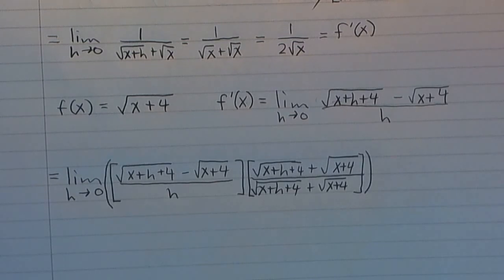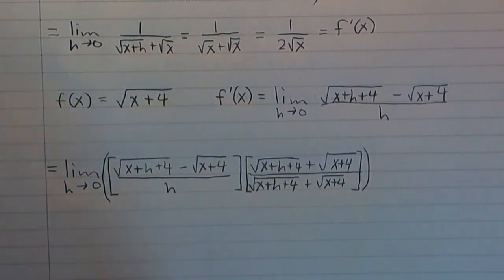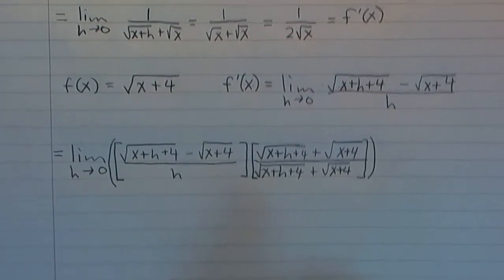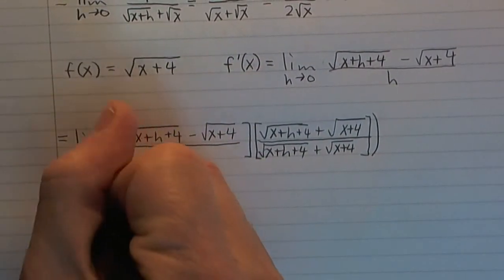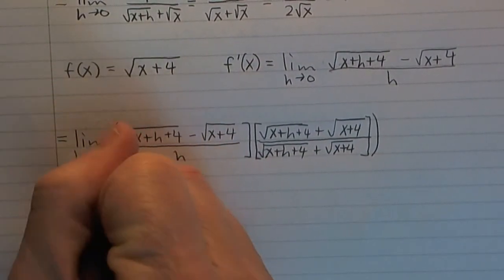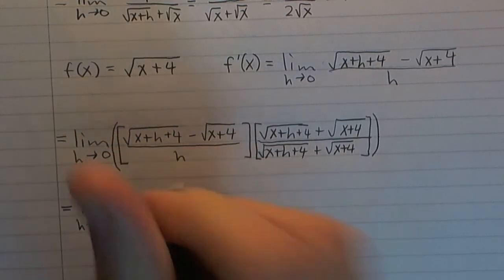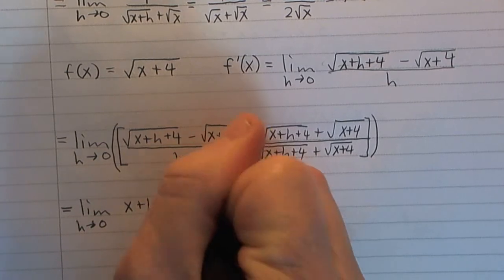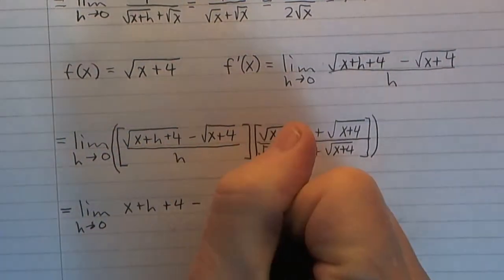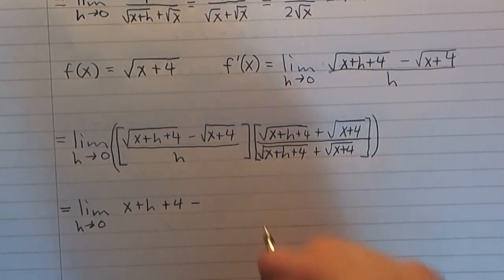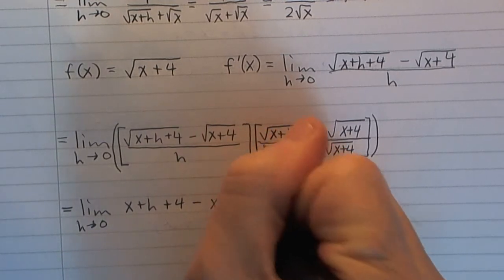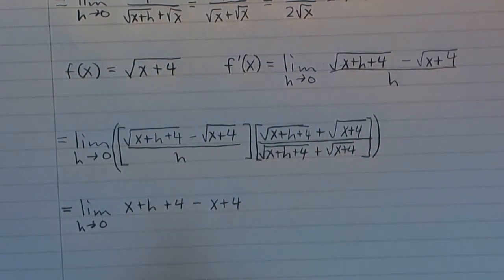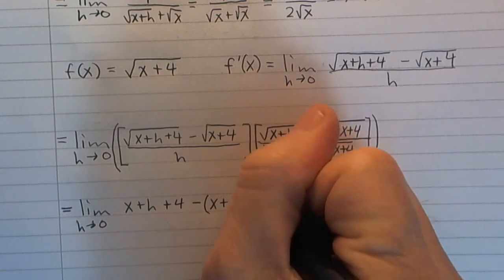Okay. So no harm in doing that, but what it does is it makes it so that now we can write this in a way that doesn't have the radical up top. So up top we've got x plus h plus 4 minus, now be careful, because here's where you can make a mistake. You don't want to write just x plus 4 up there. No, it's this whole thing, right?